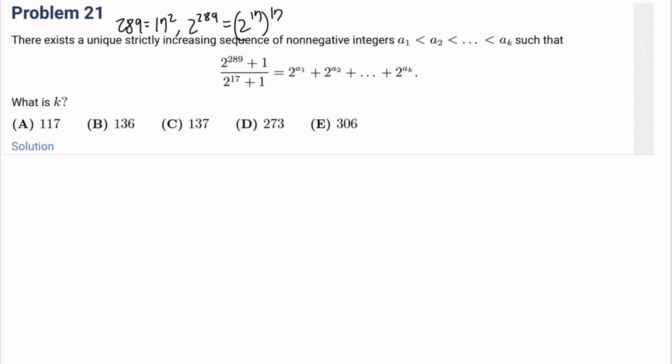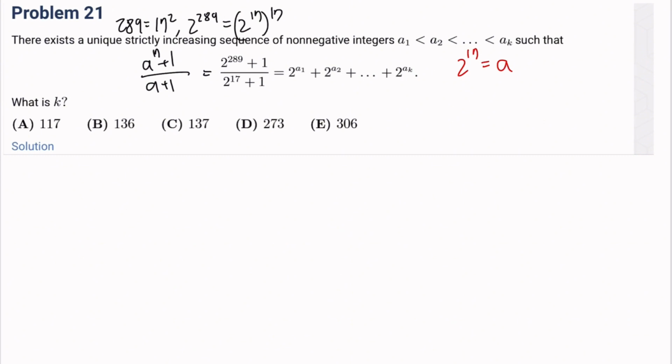And so if we say that 2 to the 17th power is equal to a, then this is going to be (a to the 17th power plus 1) over (a plus 1). And we need what is k, right?